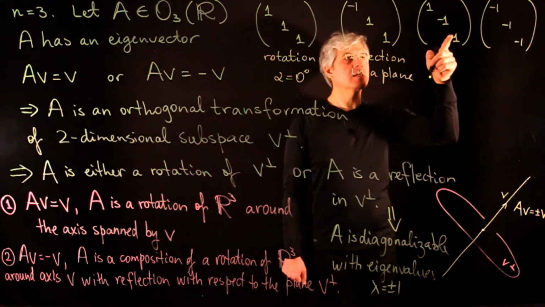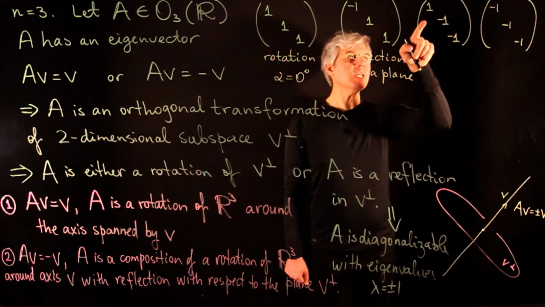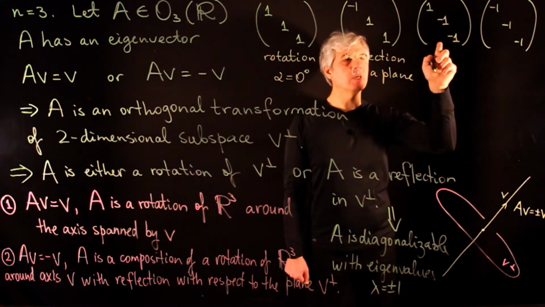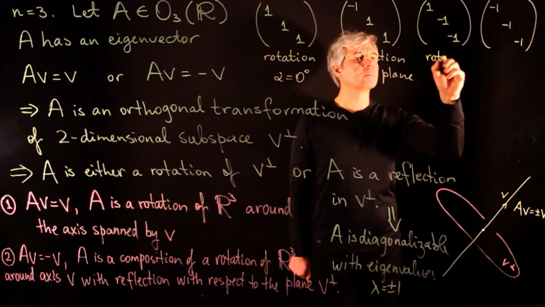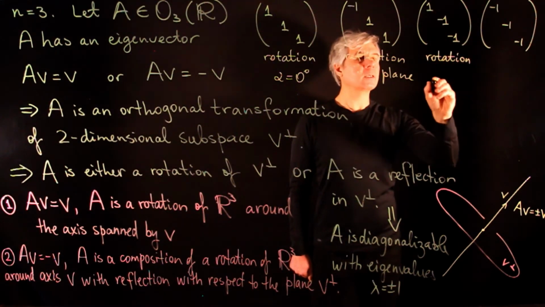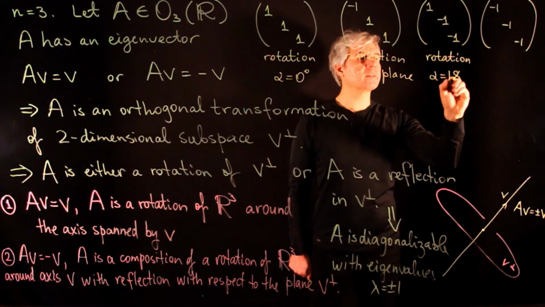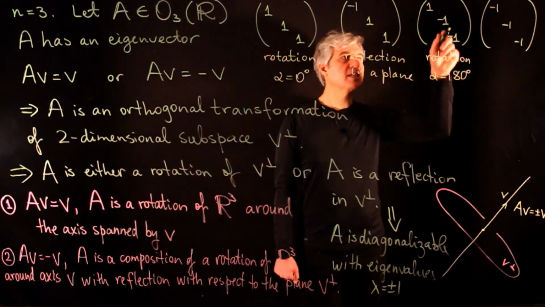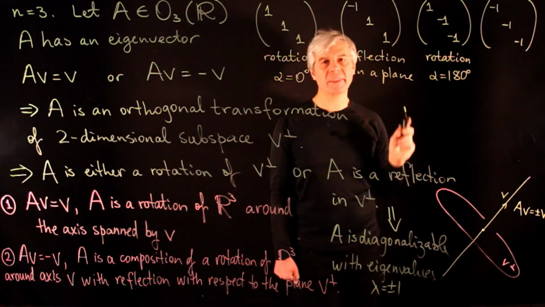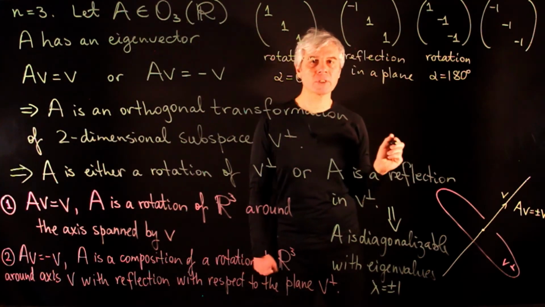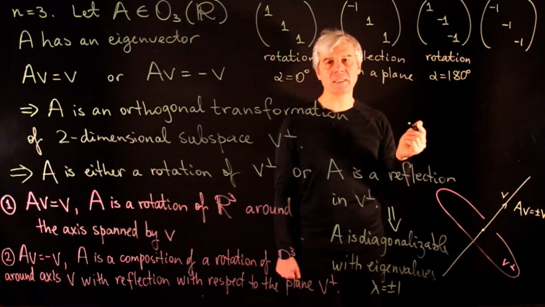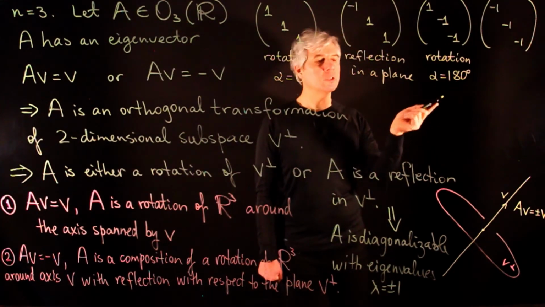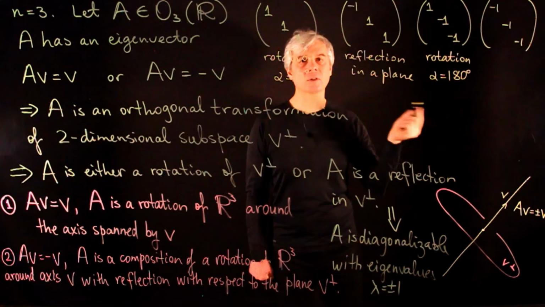In the third case, we have one eigenvalue plus 1 and two eigenvalues minus 1. This can be interpreted as a rotation in angle alpha, which is 180 degrees. Here we consider a plane spanned by the second and the third basis vectors, and the rotation of this plane in 180 degrees will turn each of these vectors in its opposite.